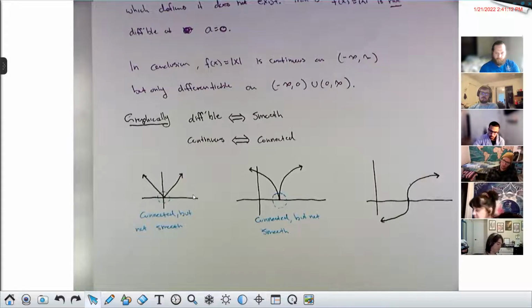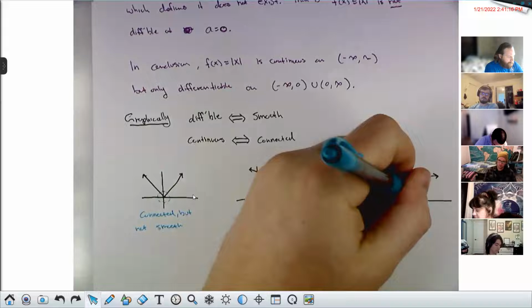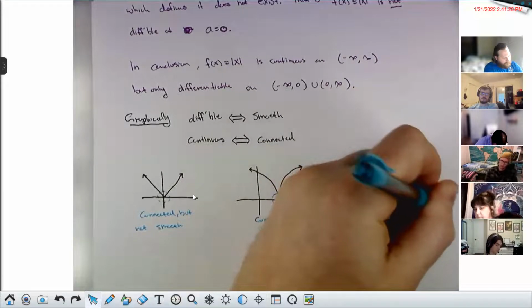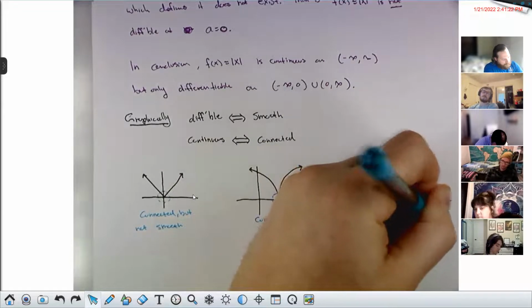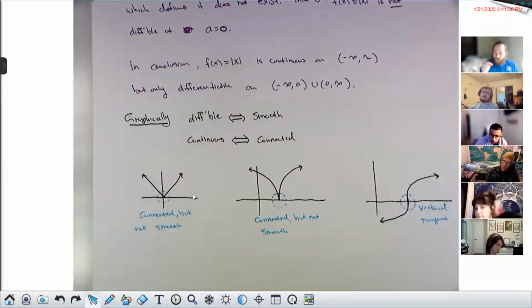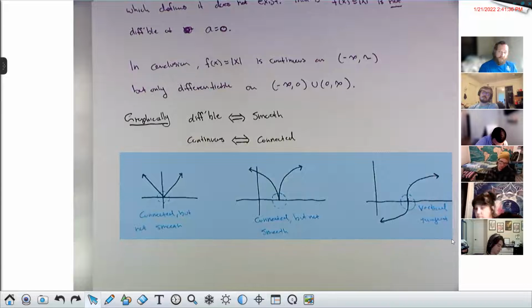Now this is at appearance connected and smooth, but you have a problem going on here called a vertical tangent. Which means the derivative is momentarily undefined there. So these are how you can be continuous, but not differentiable.